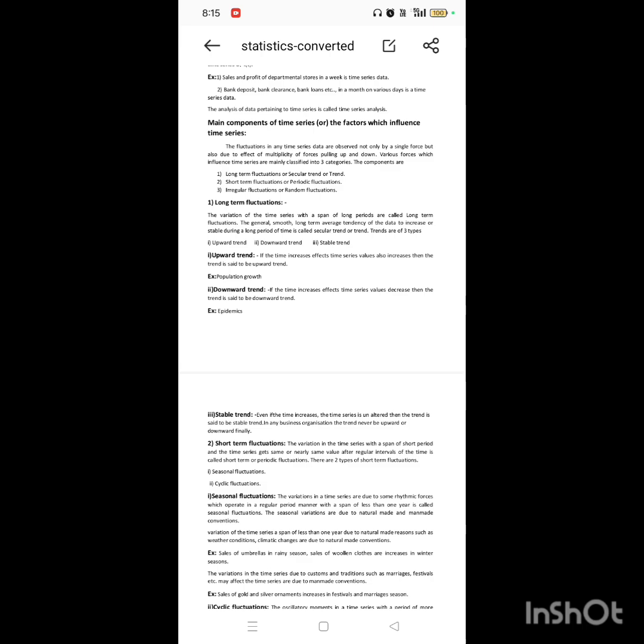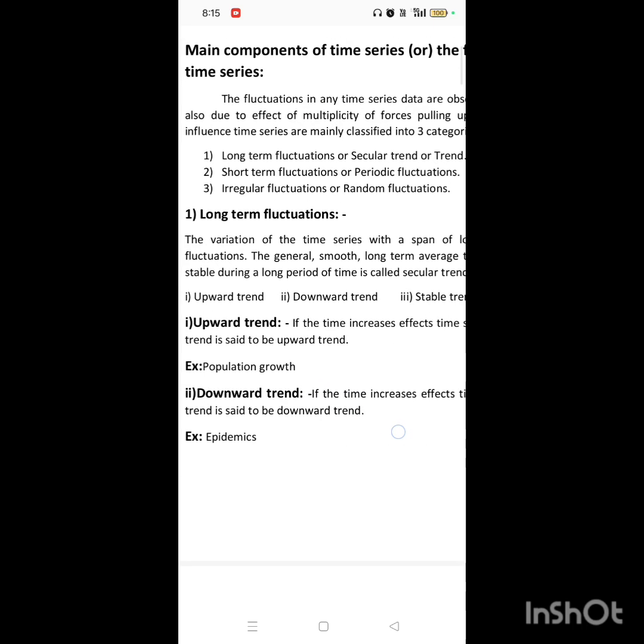The components of time series are majorly of three types: long term fluctuations, which we call trend; short term fluctuations, which we call periodic or seasonal fluctuations; and the third one is irregular fluctuations, or simply random fluctuations. In long term fluctuations you have upward and downward trends, and I have given examples also.